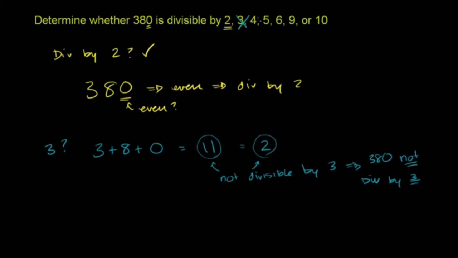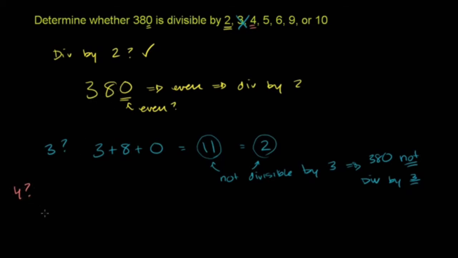Now let's think about the situation for 4. So if we're thinking about 4 divisibility. So let me write in orange. So we are wondering about 4. Now, something you may or may not already realize is that 100 is divisible by 4. It goes evenly. So this is 380. So the 300 is divisible by 4. So we just have to figure out whether the leftover, whether the 80 is divisible by 4.